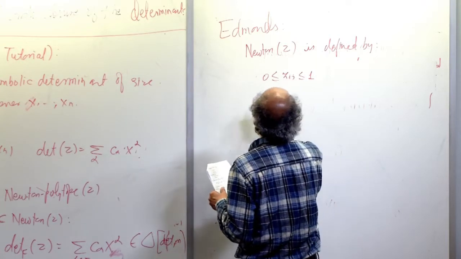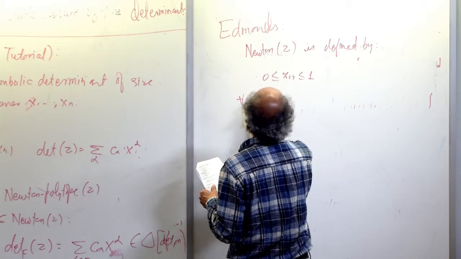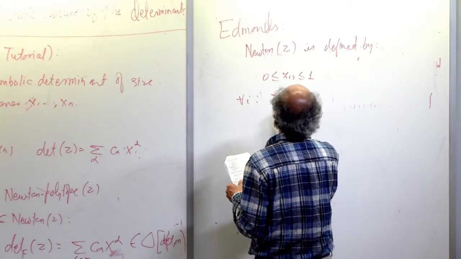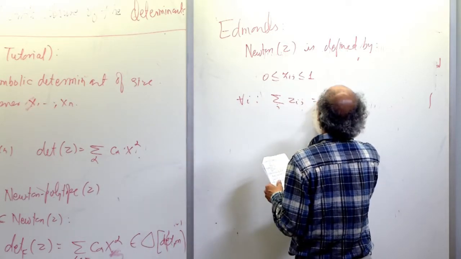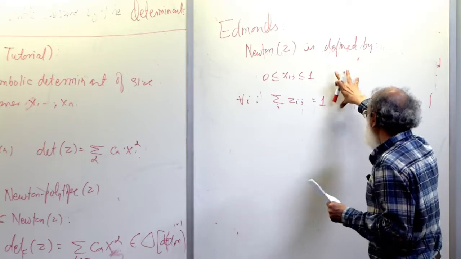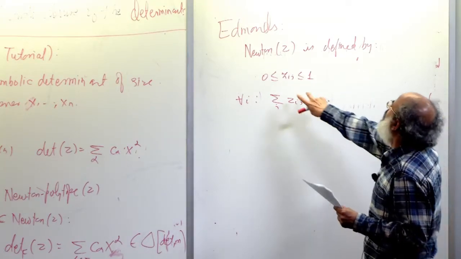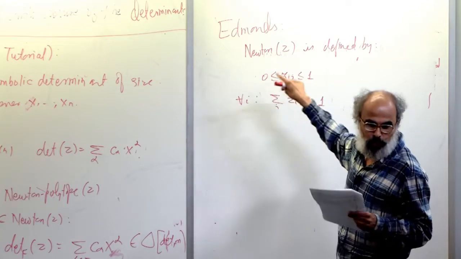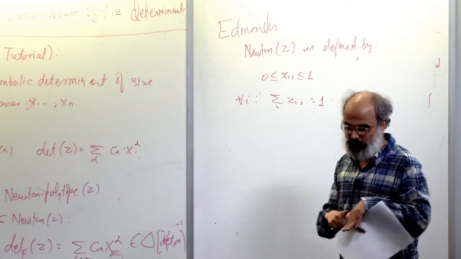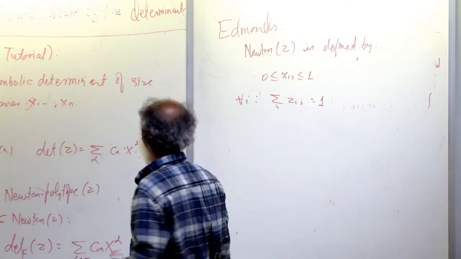Then for all i, the sum over j of Zij is equal to 1. These are kind of obvious constraints, because it's a perfect matching polytope. It just says that every edge is 0 or 1, and that for every vertex there is exactly one edge going.